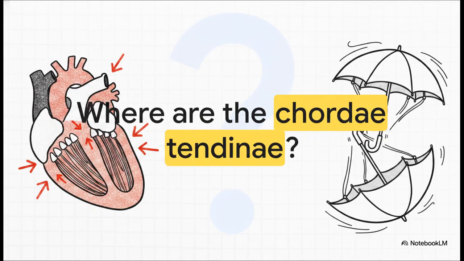Now, for a really fascinating mechanical question. When those lower chambers squeeze to blast blood out into the body, the pressure against those white valve doors is literally immense. So what keeps those white flaps from just blowing inside out and flipping backwards into the upper chambers? Exactly like a cheap umbrella in a violent windstorm?